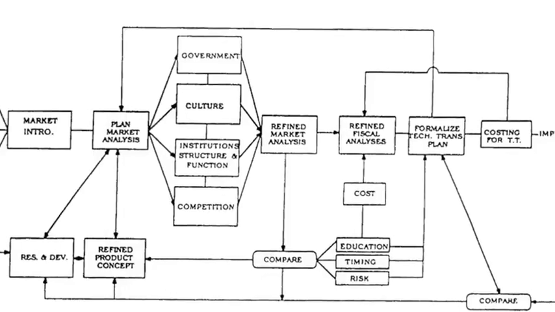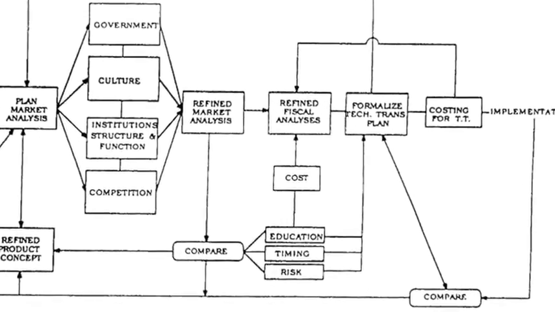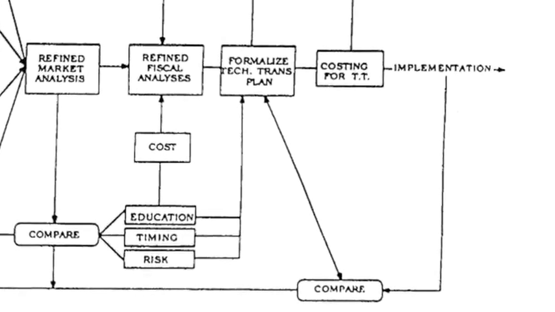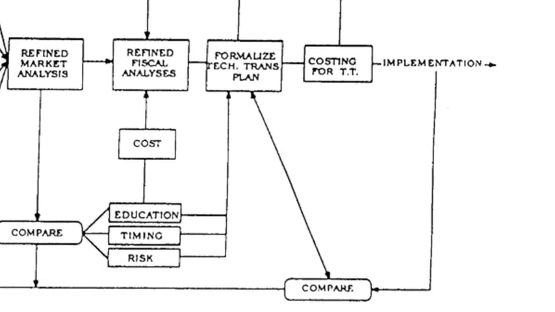So, is it possible for you to make your injection at that point? Well, of course, the next item on this diagram is formalizing a tech transfer plan to get that out there. And of course, that relates to marketing. Marketing and technology transfer diffusion are very similar, closely related.